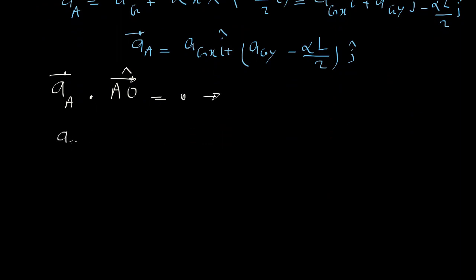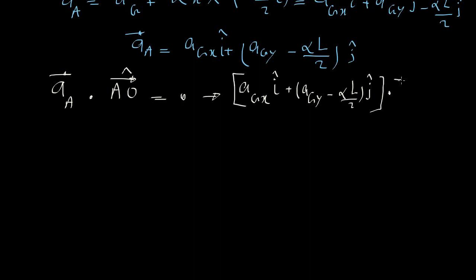Let me write it down here actually. So this would be A G X in the I direction plus A G Y minus alpha L over 2 in the J direction, and the whole thing dot A O, which is cosine 60 in the I direction plus sine 60 in the J direction.